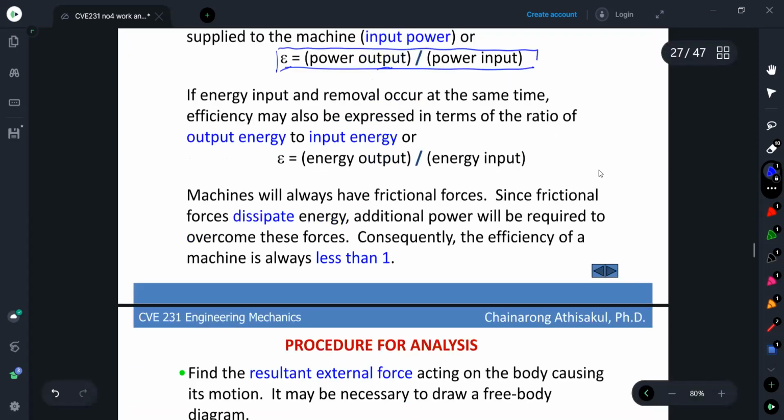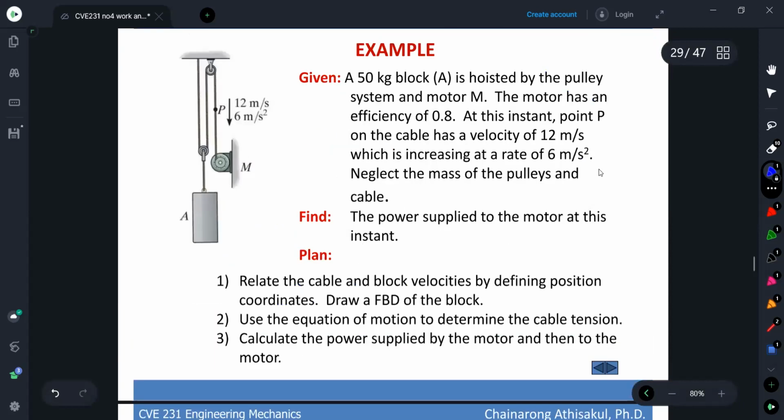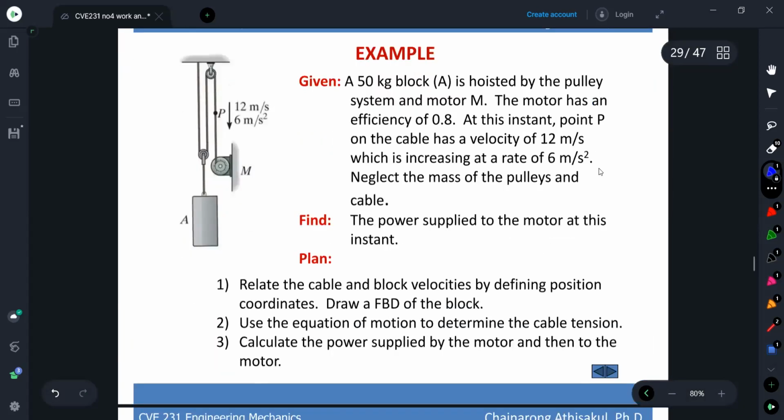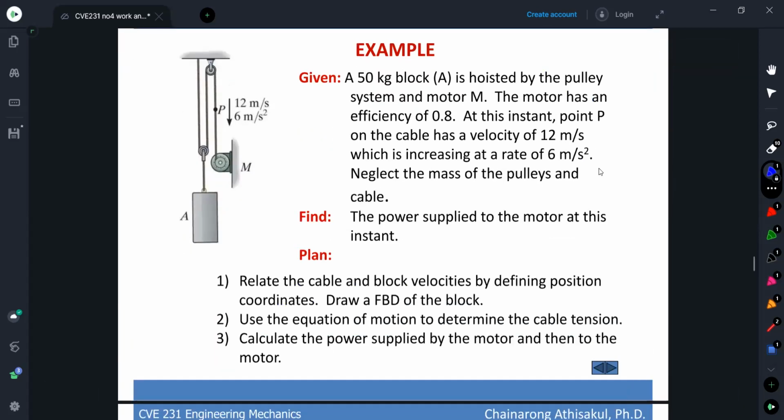Okay, so let's take a look at this example. A 50 kilogram block is hoisted by a pulley system and a motor. The motor has an efficiency of 0.8. At this instant, point P on the cable has a velocity of 12 meters per second, and it is increasing at a rate of 6 meters per second squared.